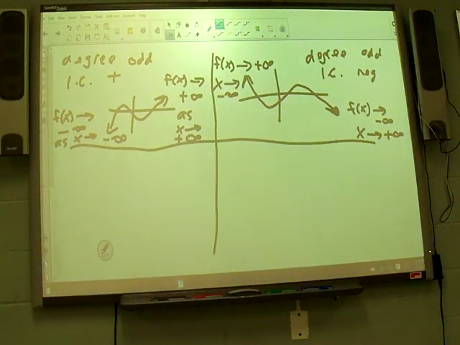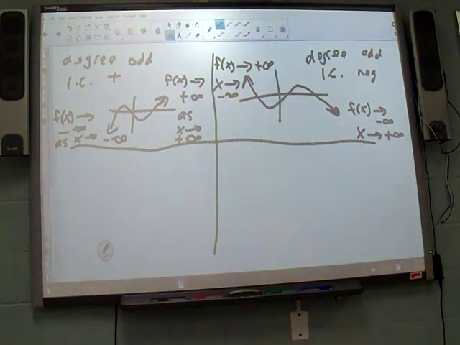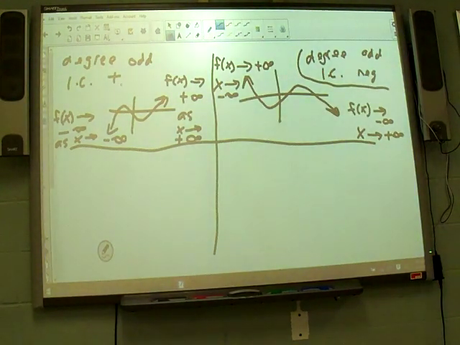You just turn it sideways. Try to make those things stand out.